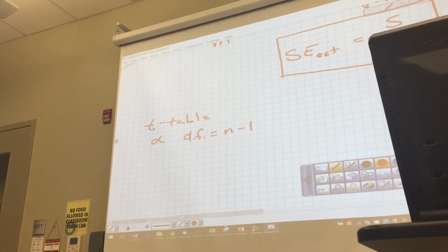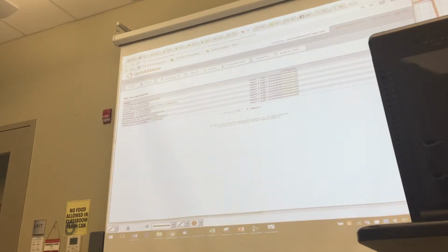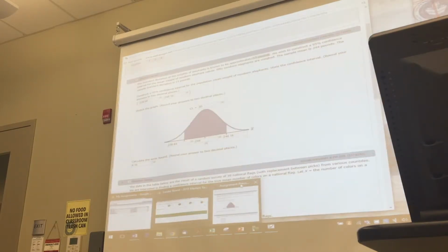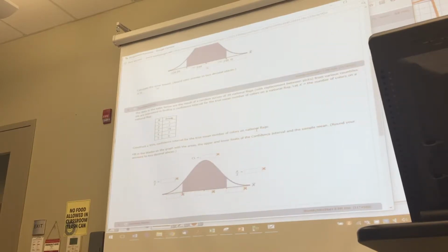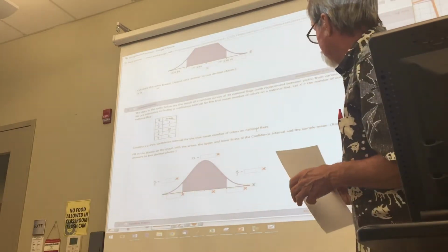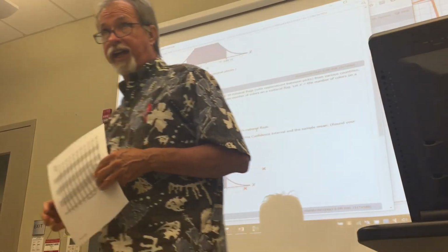Okay, now if I go and start looking at doing the problem. So now I have to read and look at the problem that I'm doing. This question says, the data in the table below are the results of a random sample of 39 national flags.